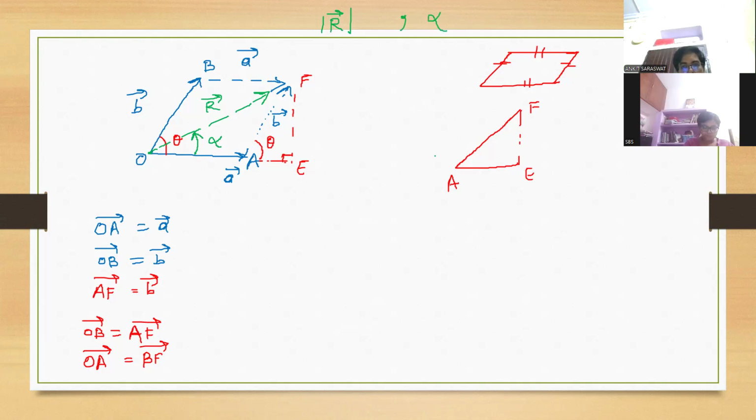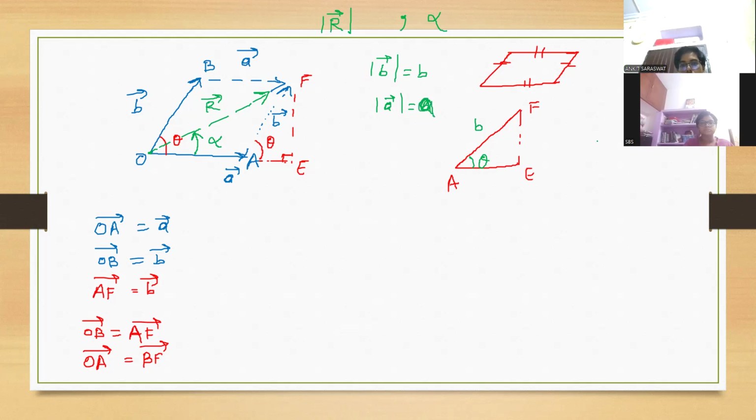Now if you look here in triangle AEF, this angle is theta. AF is B vector, so can I say this is B? If I write simply B, it's the magnitude. Mod B is B. Mod A is A. If I'm not writing any vector sign on the simple letter, then it is considered to be the magnitude.